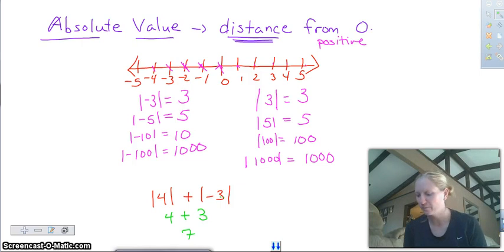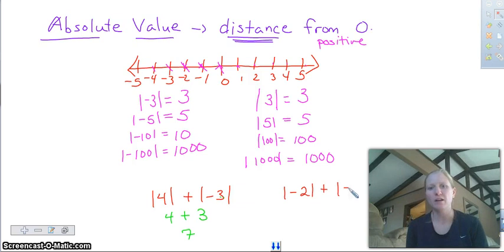That's my answer. Okay, what if I have the absolute value of -2 plus the absolute value of -5? The absolute value of -2 is 2 plus the absolute value of -5, 5. 2 plus 5, 7.